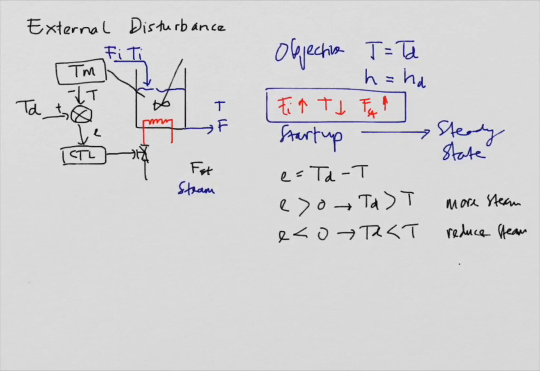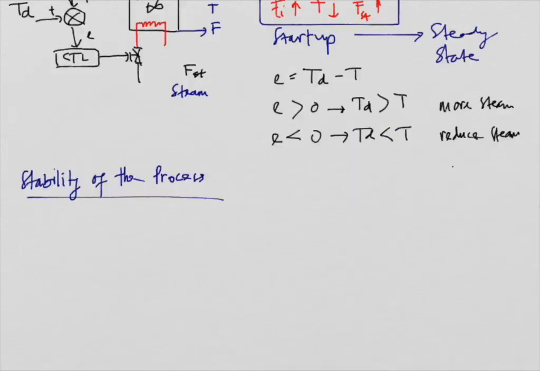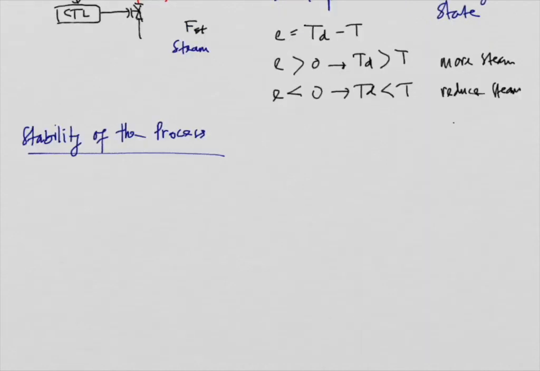And then we talk about the second issue, the stability of the process. Firstly, we draw a plot. This is X and this is the time.